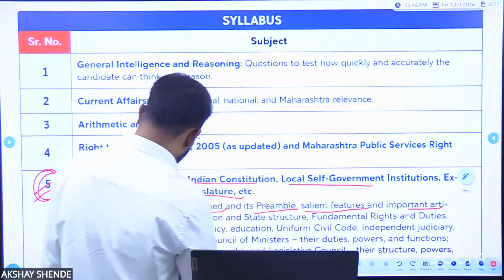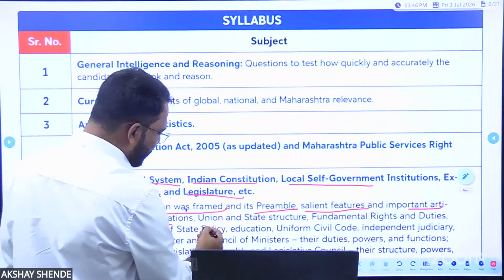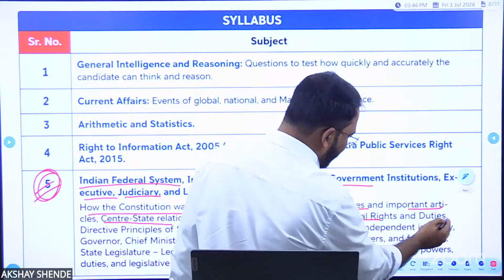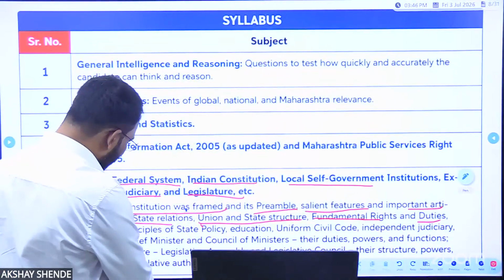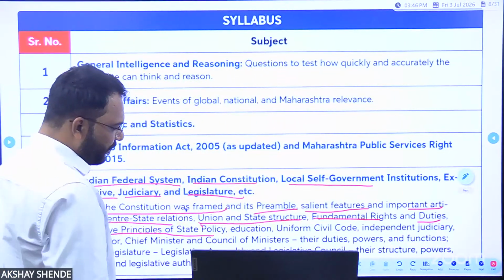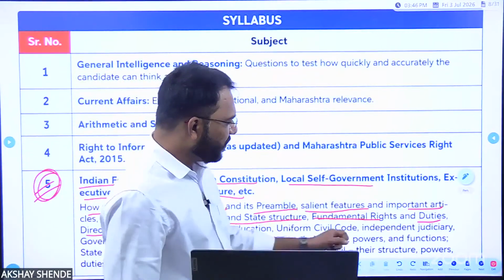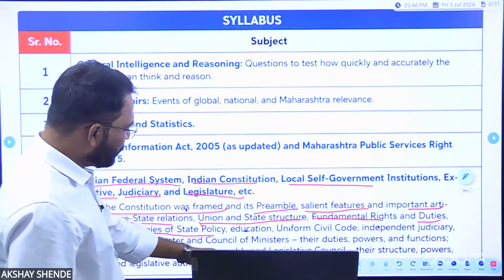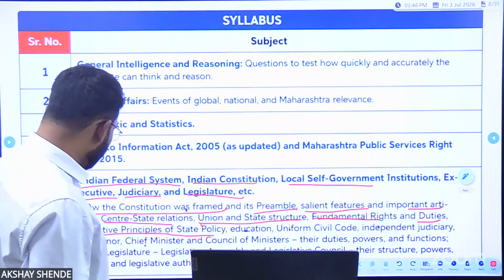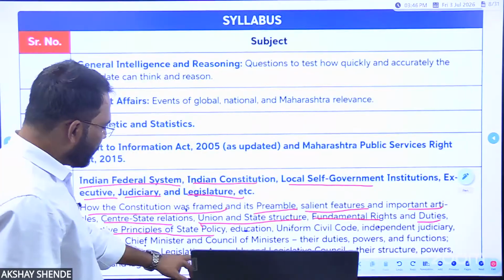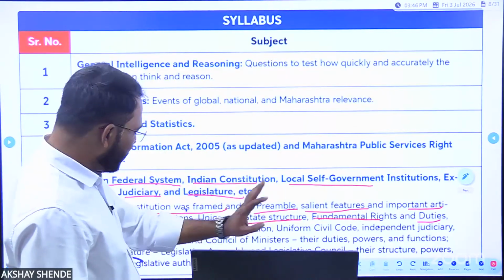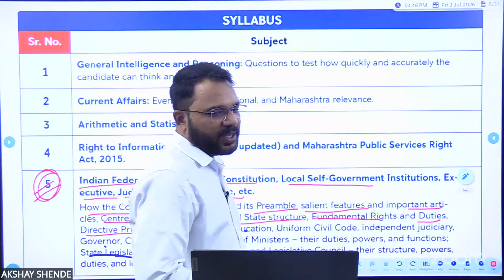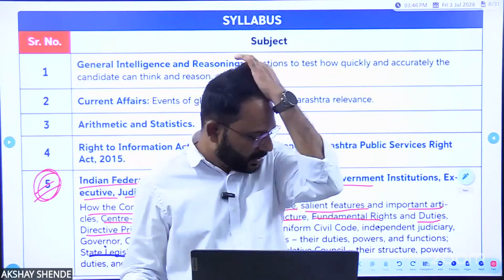Yes, important articles, center-state relations, union and state structures, fundamental rights, duties, fundamental duties, directive principles of state policy, education, uniform civil code, independent judiciary, governor, chief minister, council of ministers, their duties and functions, state legislature, legislative assembly, legislative council, their structures, powers, duties and legislative authorities, etc. So this they have mentioned in the syllabus.